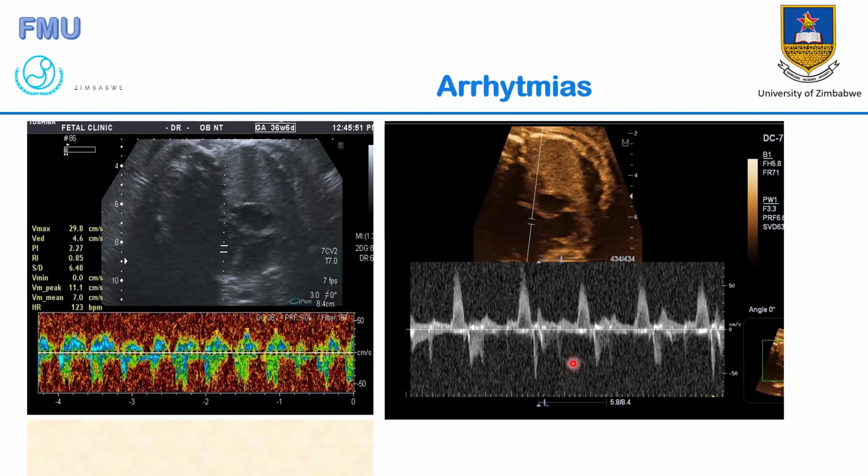Because you are all scanning and telling these women that, look, we've scanned you and your baby is fine. We are all scanning and telling the women, look, your baby is fine. What is wrong with the baby's heartbeat? We have done a heartbeat, and these are the two heartbeats you got.